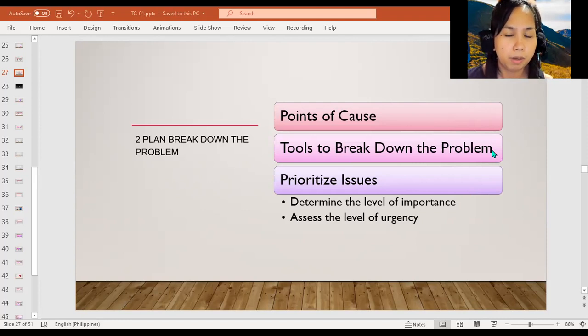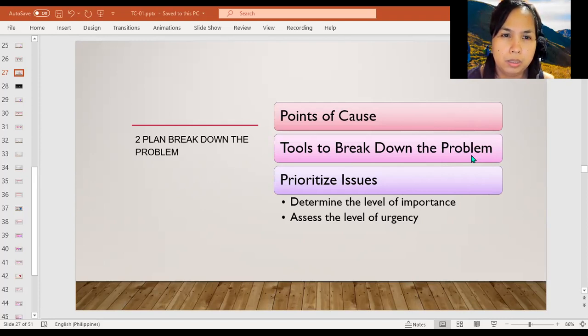And then what about points of cause? Now, once we've successfully broken down the problem, we'll be in the position then to confirm the facts and determine the points of cause, which describe where the problem is happening within the process. Okay.